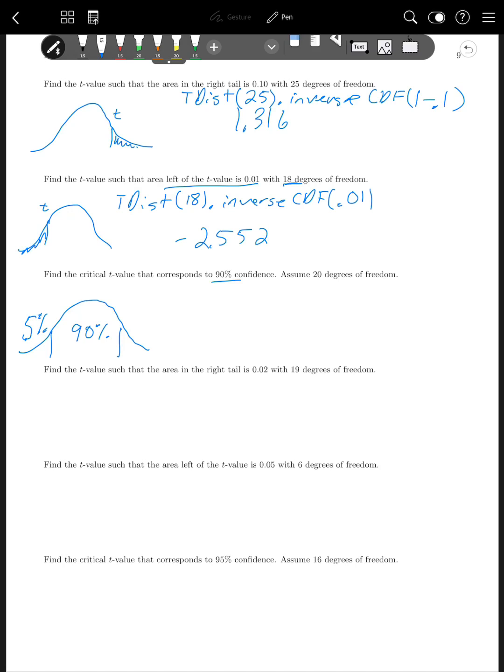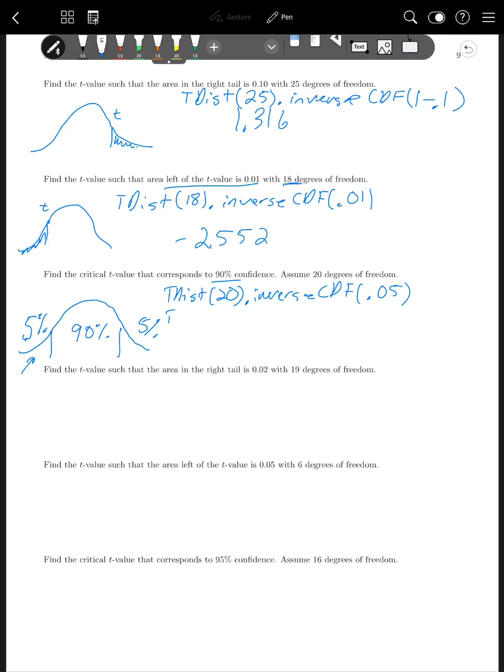Okay, and so that's the idea. And then we could also do, so this one was the t value with the area to the left. We could also do the t values that correspond to a 90% confidence. So remember, 90% confidence means there's 90% of the area in the middle, which means there's 5% on the left here and 5% on the right.